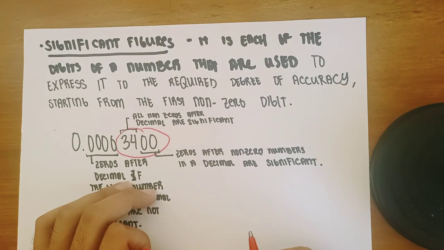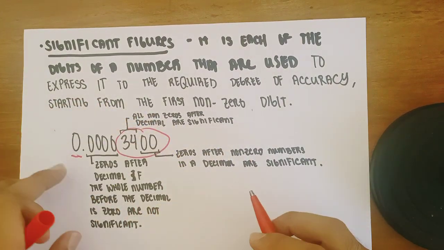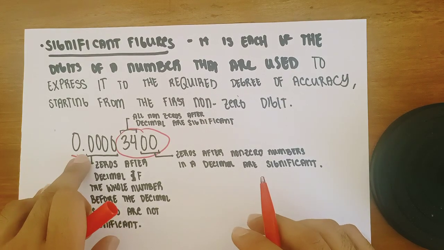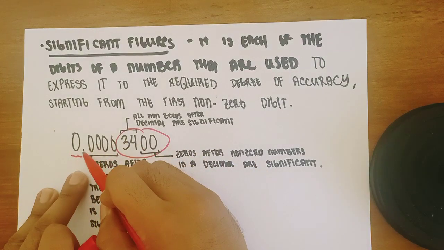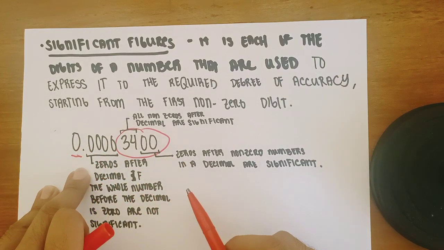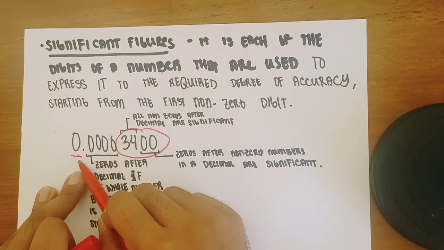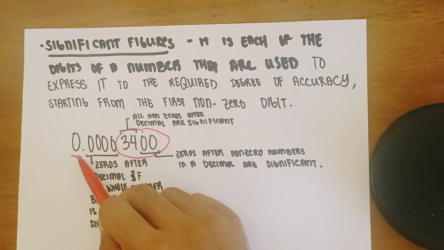Bakit ko nasabi yan? First rule, pag ang whole number or yung number na nasa before yung decimal point is 0, this means na hindi siya significant figure. Hindi siya significant. So, hindi siya kino-considered.